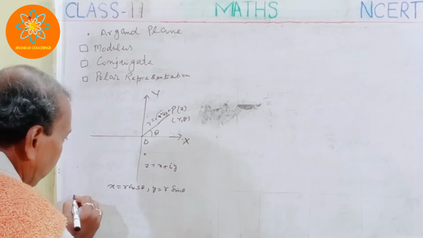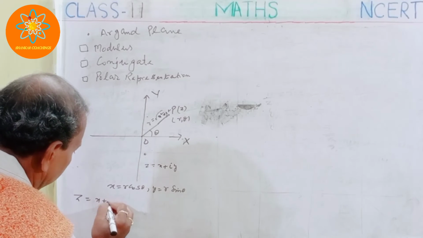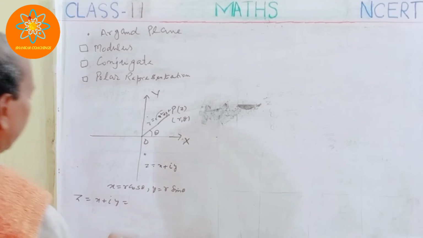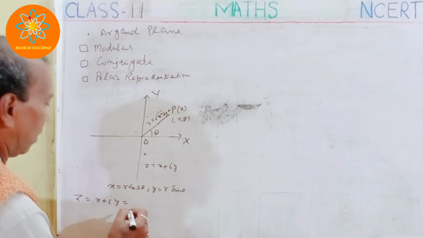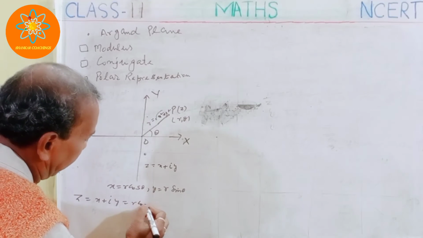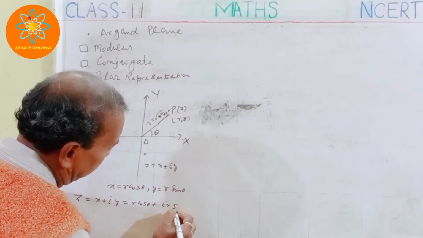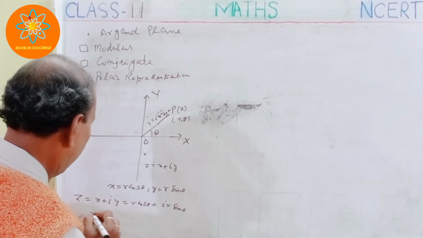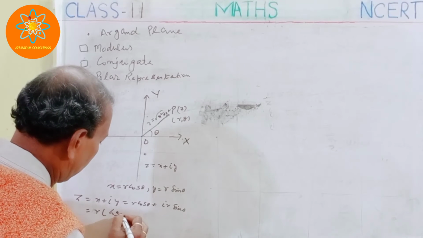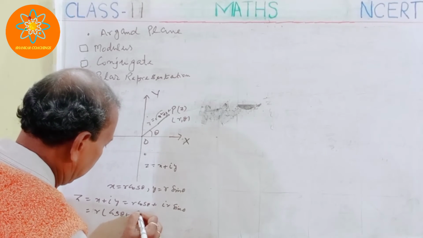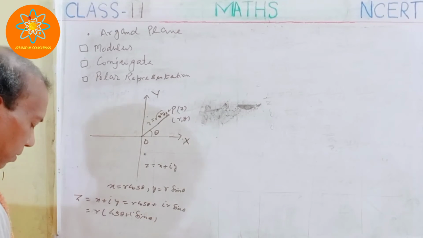So what is the value of z? The value of z is equal to x plus iota y. I can write this as r cos theta plus iota r sin theta. Taking r common, this is equal to r times cos theta plus iota sin theta.